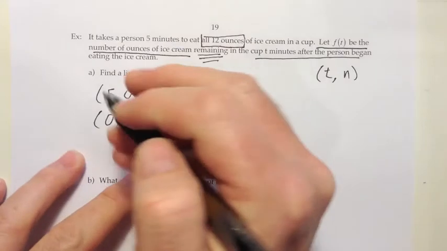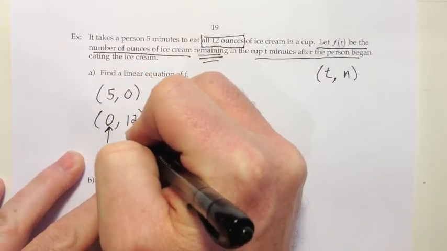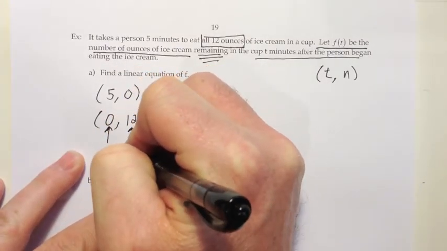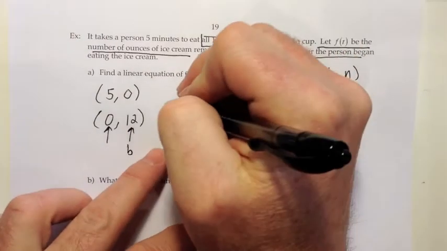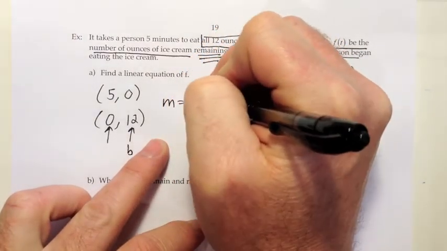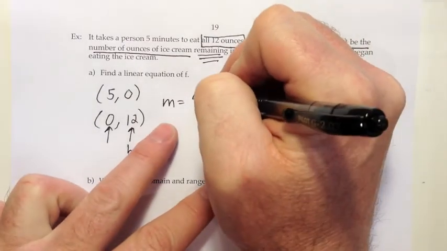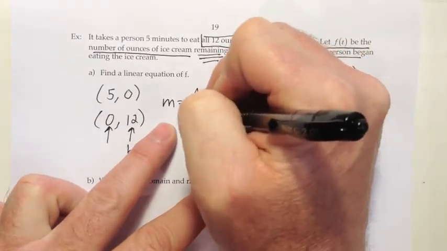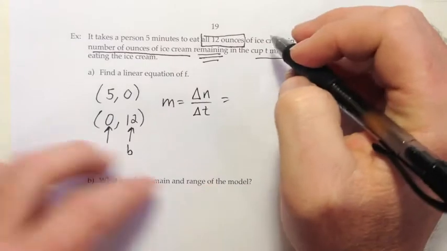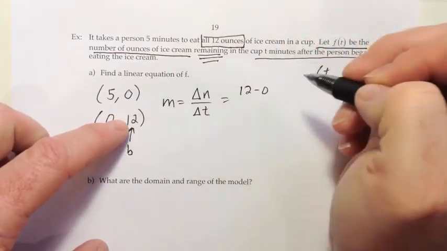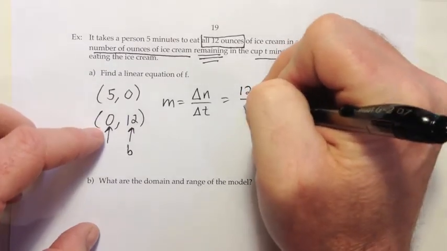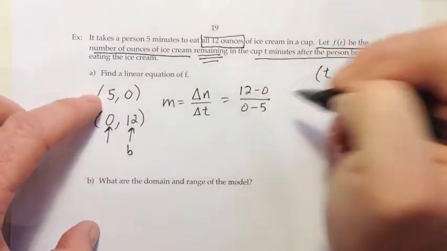Because this is a 0 right here, that means this is b right there. So we've got one of our variables, we still need the slope. The slope would be the change in the output, which is the ounces of ice cream, divided by the change in time. So what happened with the ice cream? 12 ounces minus 0 would be the change in output over 0 minus 5.